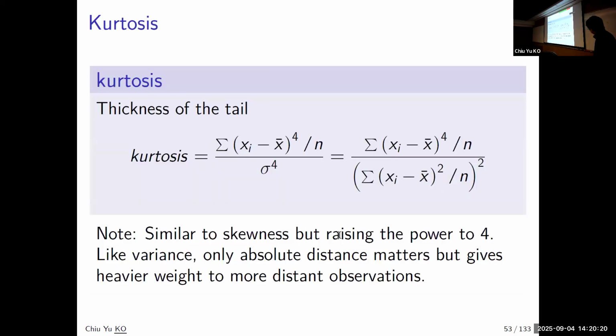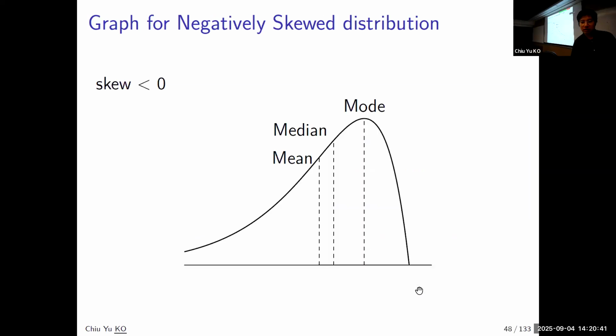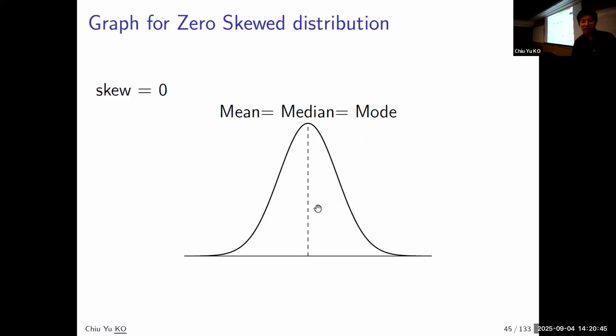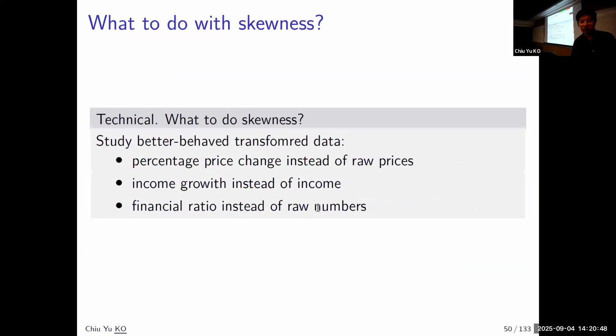Okay. So before the break, I want to talk about this formula, because the formula is very simple. This is just changing 3 to 4. It's called kurtosis. Very simple. There's nothing new there, nothing surprising. Just to remind you, the skewness uses the power 3, and kurtosis is just 3 to 4.